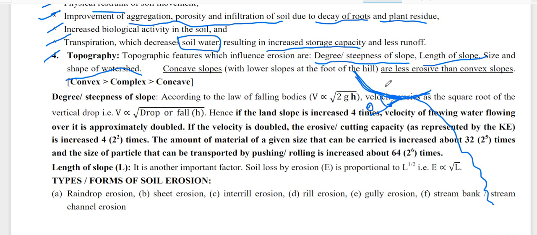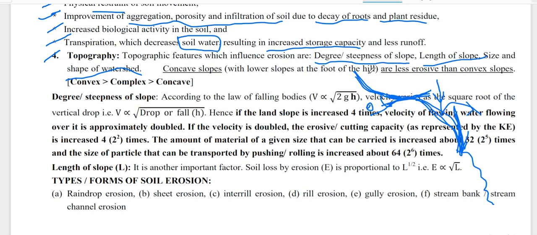Then the convex one, because here in this convex case, here will be the highest slope, almost 90°, meaning maximum slope. But here we have already seen almost 0°. So if rainfall occurs here, it directly detaches the soil particles.